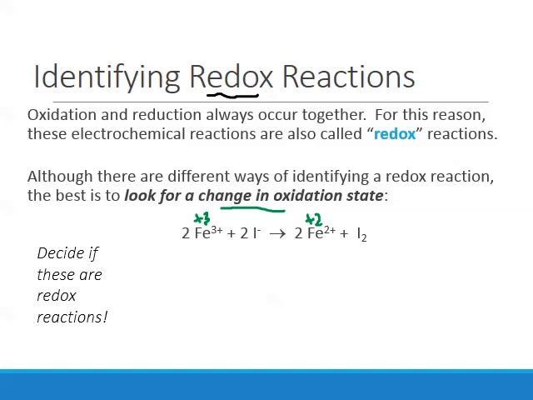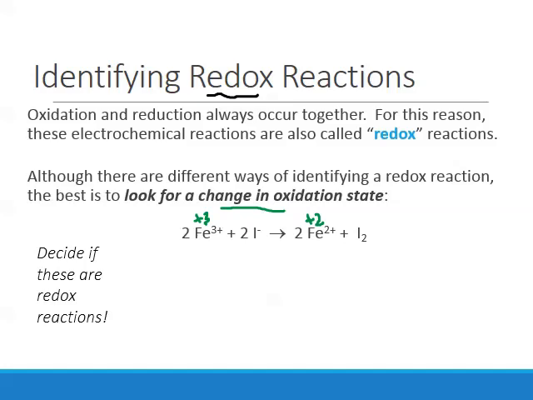So when iron's a reactant, it's plus 3. When it's a product, it's plus 2. That right there is all I need to know. This is a redox reaction. If you find one element, in this case iron, which changes oxidation state, this must be a redox reaction.